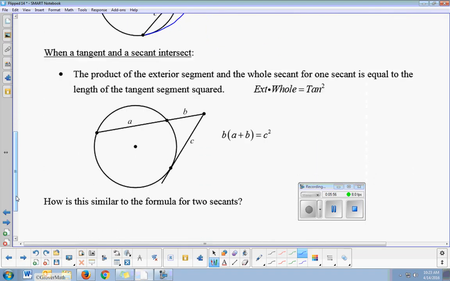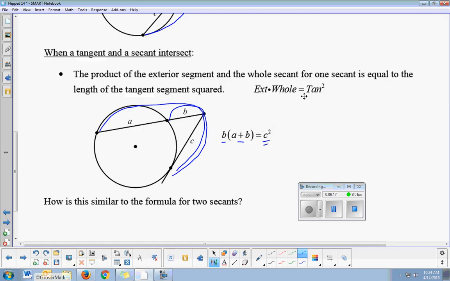Now if it's a secant and a tangent, it works out that it's still the whole times the outside, so the whole thing A plus B times the outside. But for a tangent, there is no interior part. The whole is the outside, so it's times the tangent squared. So the whole times outside, exterior times whole equals tangent squared. And why is this the same?